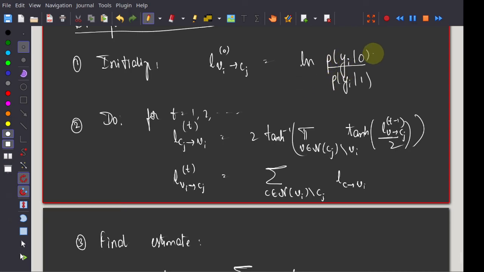Instead of taking p(y_i given 0) by p(y_i given 1), you just do f of y_i given 0 by f of y_i given 1, where these are the conditional PDFs. The only constraint is that the inputs are binary. You either transmit 0 or you transmit 1.